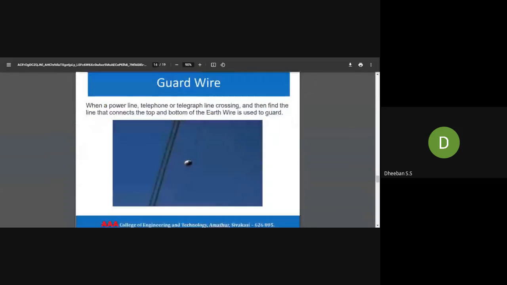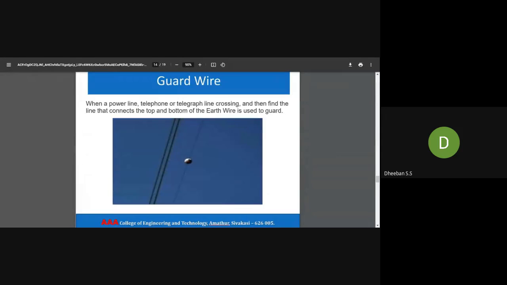So next is the guard wire. When a power line and telephone line cross, it finds the line that connects the top and bottom of the earth wire, which is used for communication purposes. In transmission lines nowadays, we are automating everything, making use of a smart grid system.